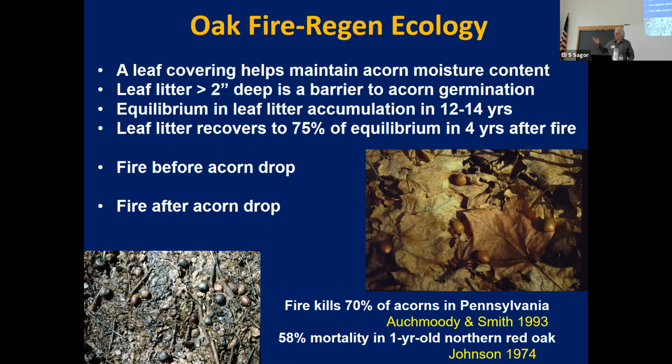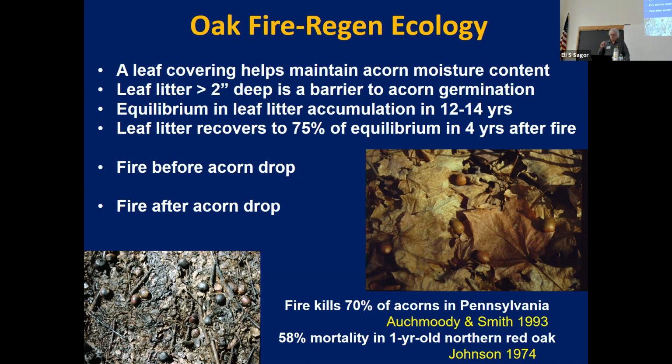You're blessed here to have permanent snowpack probably most years over the winter, and that helps your acorns remain viable. Down in my country, we often have bare ground through the winter, and so you can lose a lot of acorns just by them drying out over the winter time.